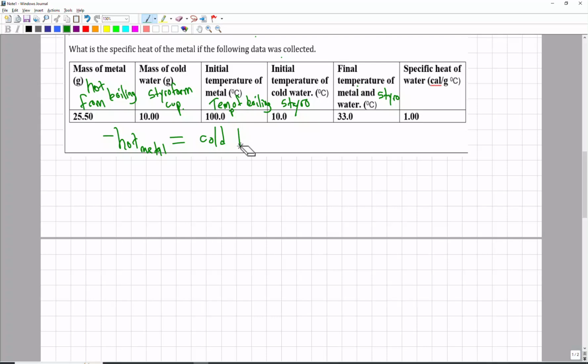And the cold water, instead of cold, I'm going to call it styrofoam water. So both things are going to change temperature. So negative MC delta T, all of the hot metal, parentheses, T sub F minus T sub I, equals MC, T sub F minus T sub I, distribute.